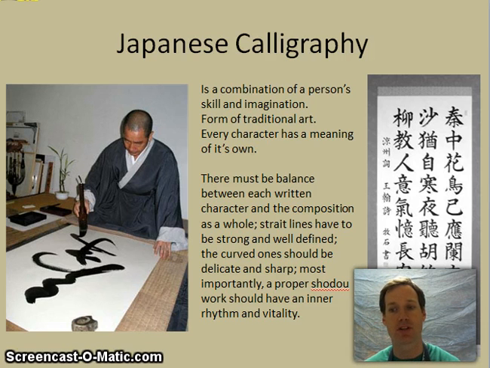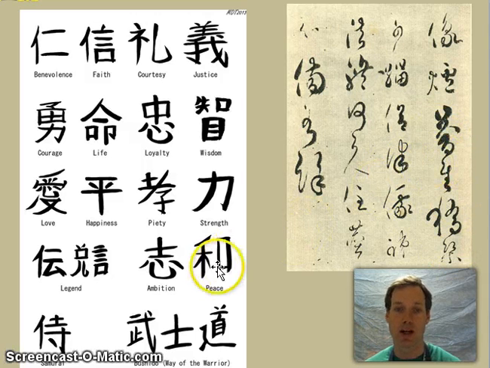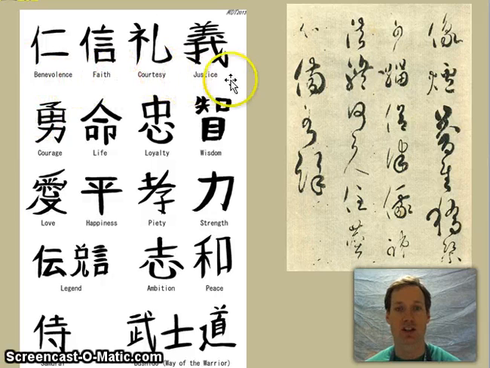Sometimes they're more decorative, sometimes they're more precise. And here's two examples: an older script that's much loopier, and this one being much more precise. And these are the English words for the characters there.